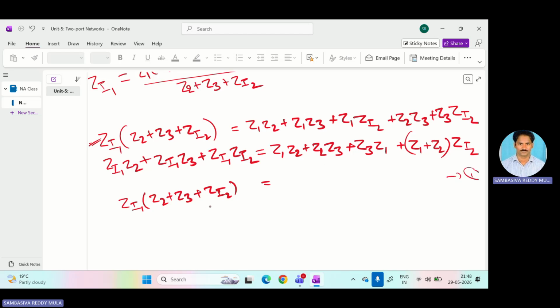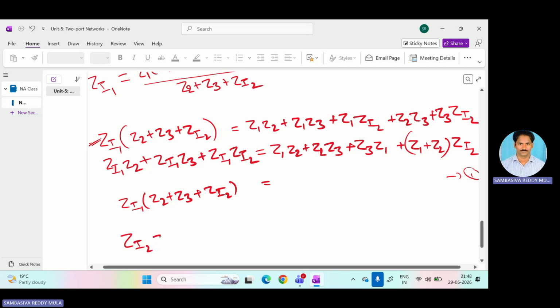What is the other equation we will get? We will get ZI2 equal to the same.